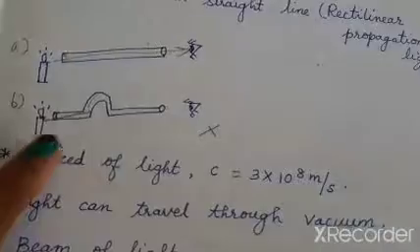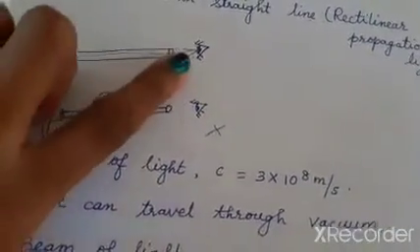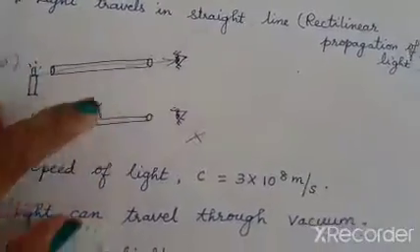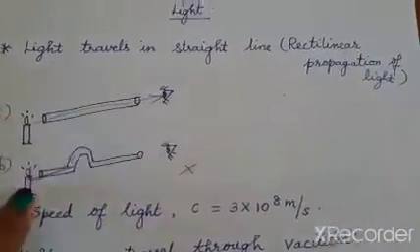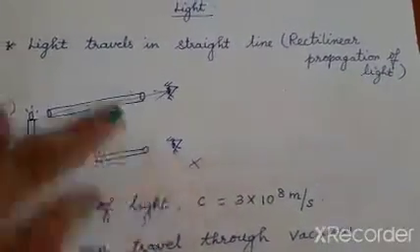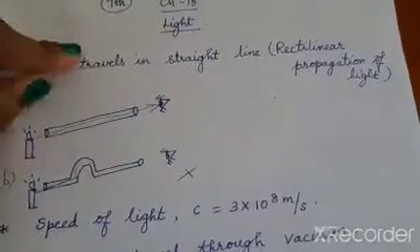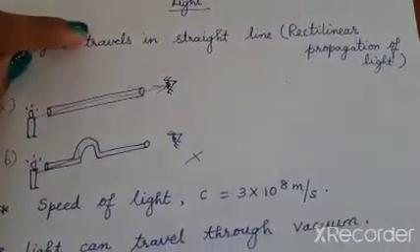So always keep in your mind that light always travels in a straight line. In case of a bent or a broken pipe, the light of the candle will not reach. So this is the best example which tells us about the rectilinear propagation of light.